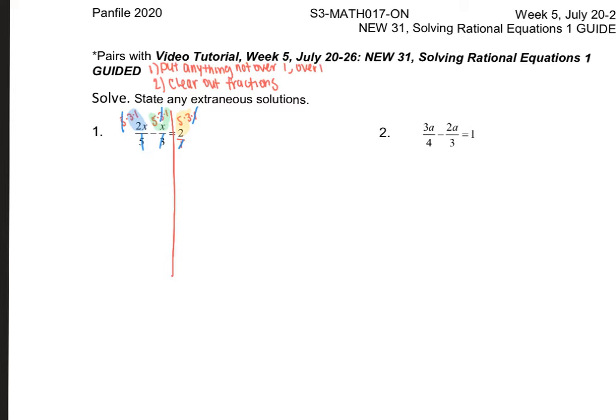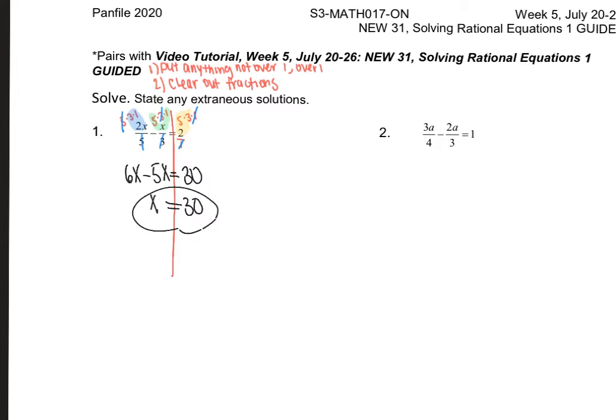All right, so 3 times 1 times 2 times x. The ones you can kind of forget about, right? So that's going to be 6x minus 5x equals 5 times 3 times 2. That's 15 times 2, 30. So that's x equals 30. And I'm done.